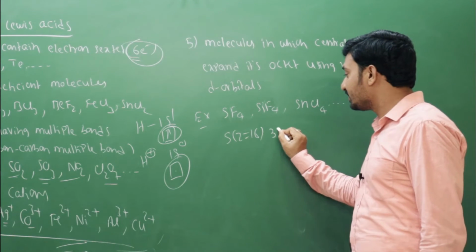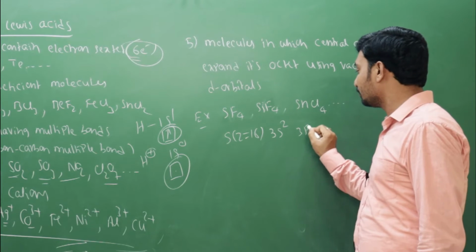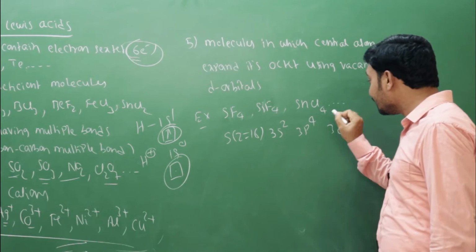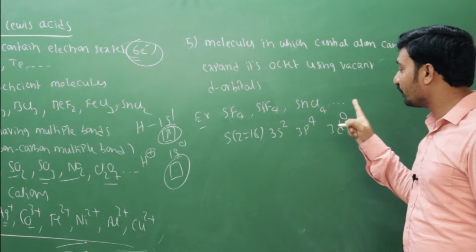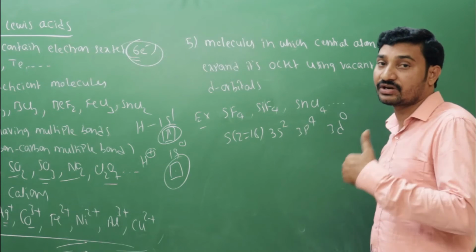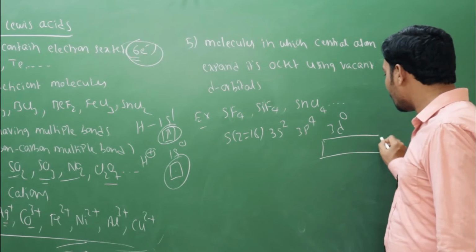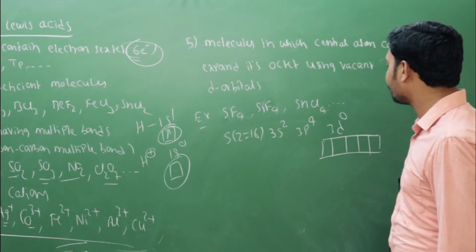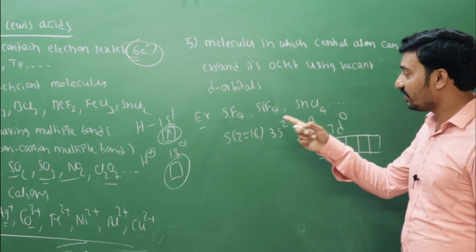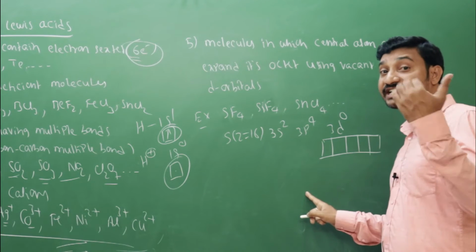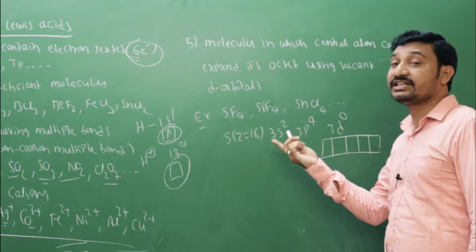Valence state electronic configuration 3s2 3p4 3d0. So 3d0 means all are vacant orbitals, right? Vacant orbitals. So whenever they have vacant orbitals, it means ready to accept a pair of electrons and its octet increases.